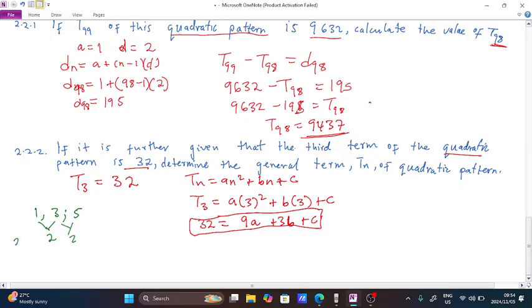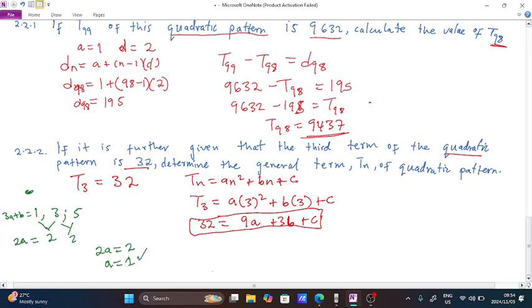Then we know that 2a equals this one, and the result 3a plus b equals the first difference value. Now we can get a and b. After that, we're going to need c. So let's get a first: 2a equals 2, so a equals 1.